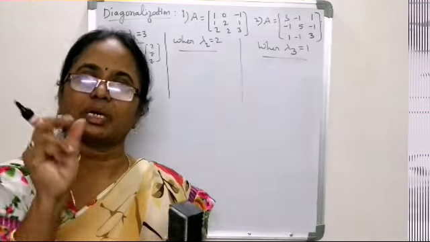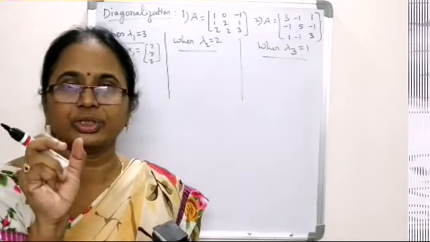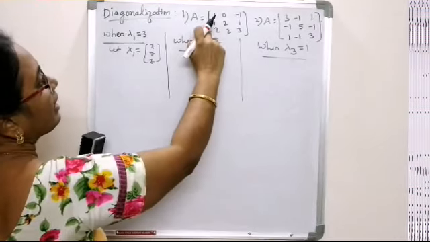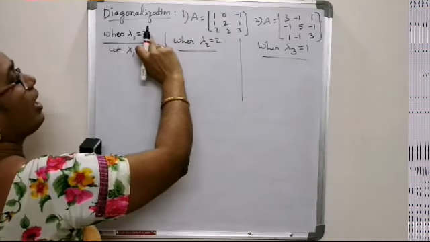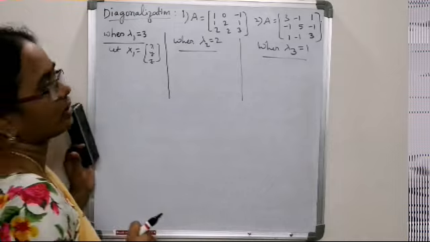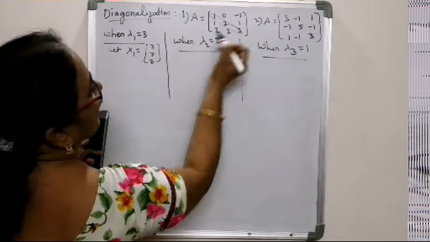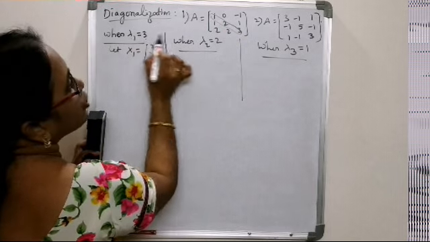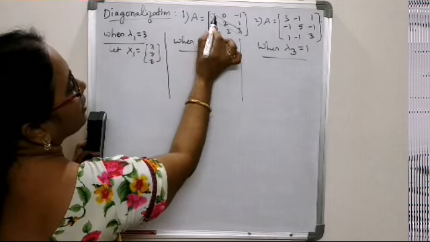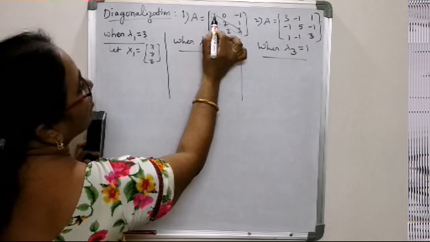Let me tell you the short way of writing the homogeneous system looking at the matrix A using the eigenvalue 3 and the eigenvector X1. Look at the diagonals of the given matrix A. The eigenvalue 3 has to be subtracted from the 3 diagonals.